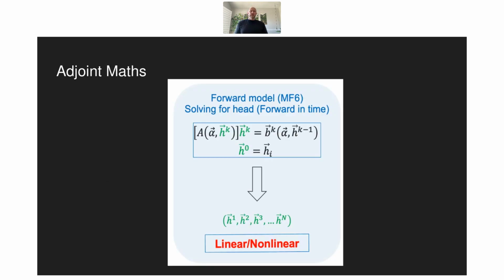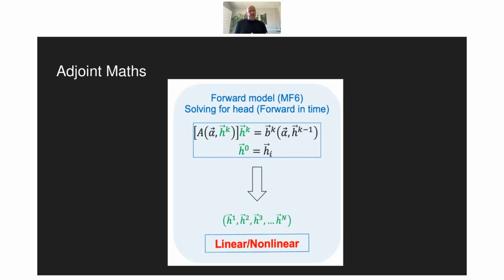So first, let's just look at the standard solution of equations that MODFLOW 6 solves. So we have a conductance matrix A times a head vector H equals a right-hand side B. And MODFLOW marches forward in time, each stress period, each time step, solving for that head vector. Now we'll notice that conductance matrix A, it's a function of a vector alpha and of the heads at the current time step.